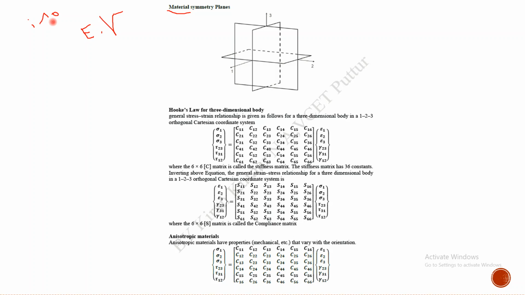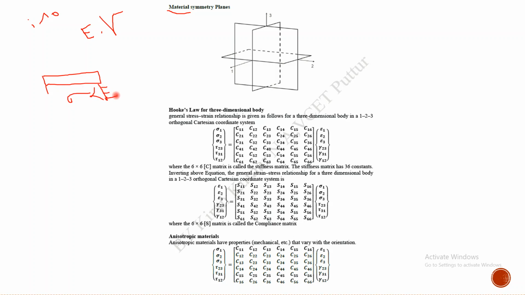Let us relate that to what we call a steel body. Isotropic means, if I take a steel body like this and load it in any direction, then the stress is proportional to the strain.